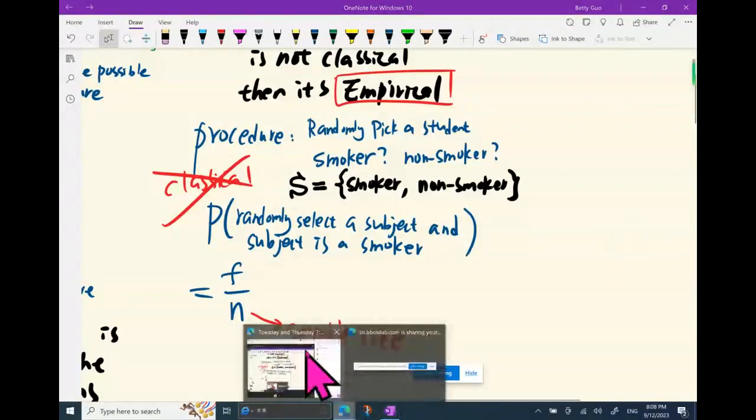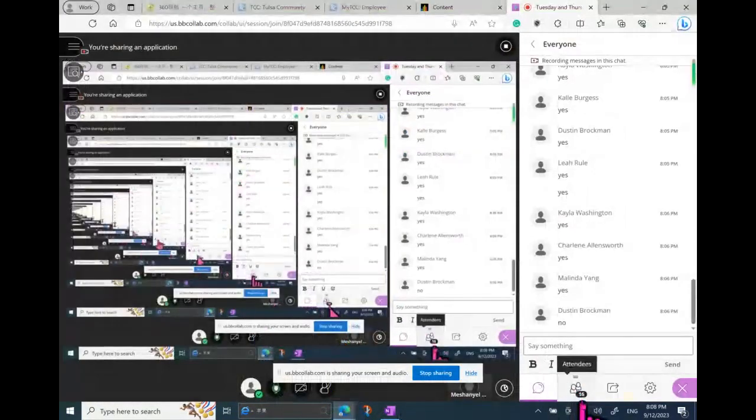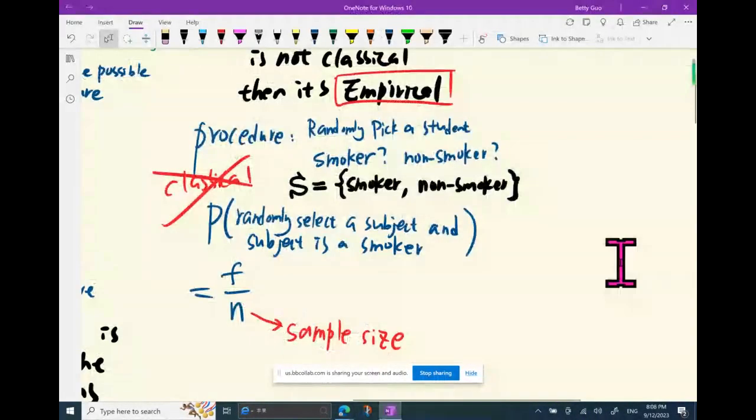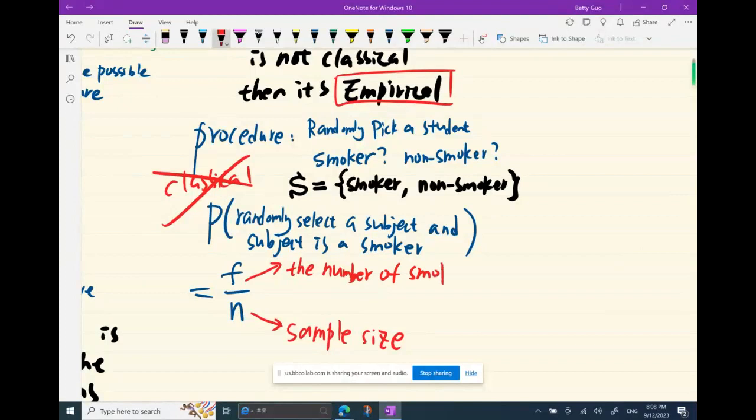Let's see. 16. No, including me, 16. So 15. And F is the number of smokers in the sample.